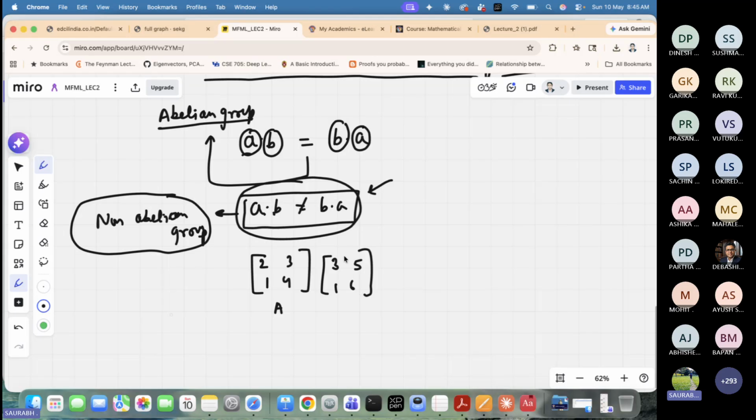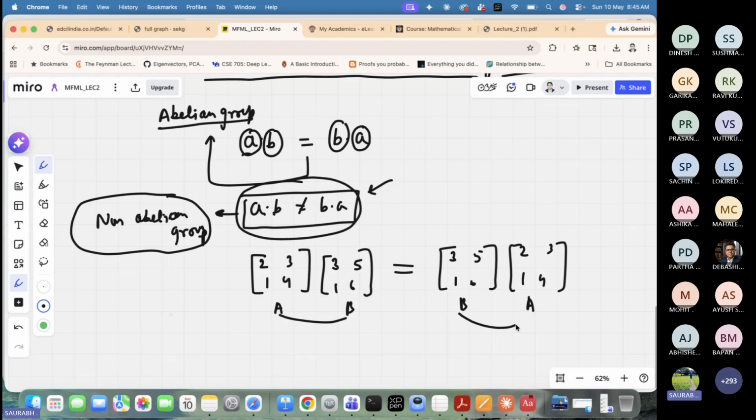When you combine these two matrices, is that output equivalent to combining 3, 5, 1, 6 and 2, 3, 1, 4? This is your matrix B, this is your matrix A. So when you combine A and B together, and when you combine B and A together, are the outputs going to be the same?